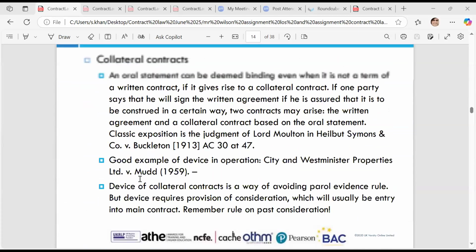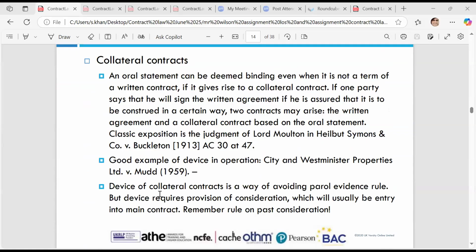A collateral contract with an oral statement can be deemed to be binding when it is not a term in a written contract. So it can give rise to a collateral contract if one party says that he will sign the written agreement if he is assured that it is to be construed in a certain way.